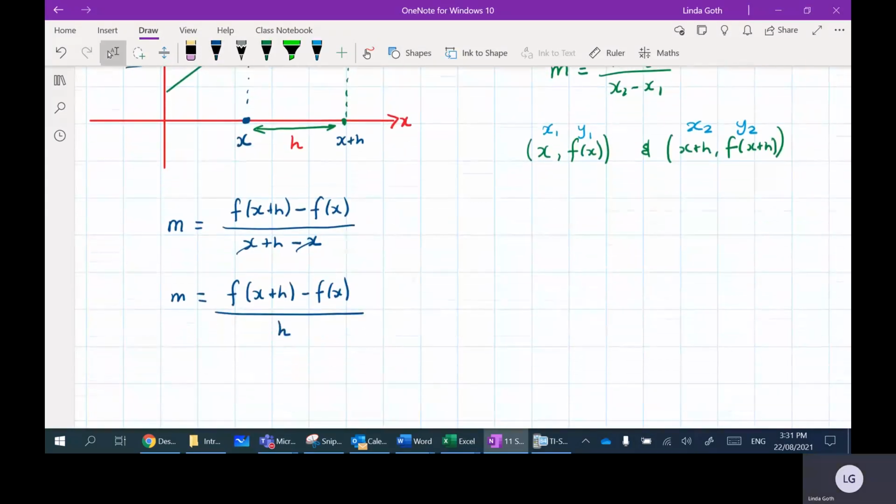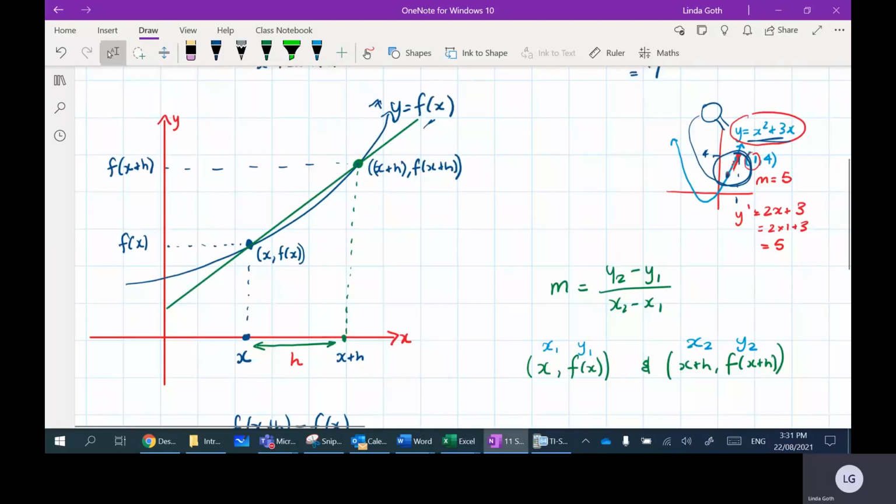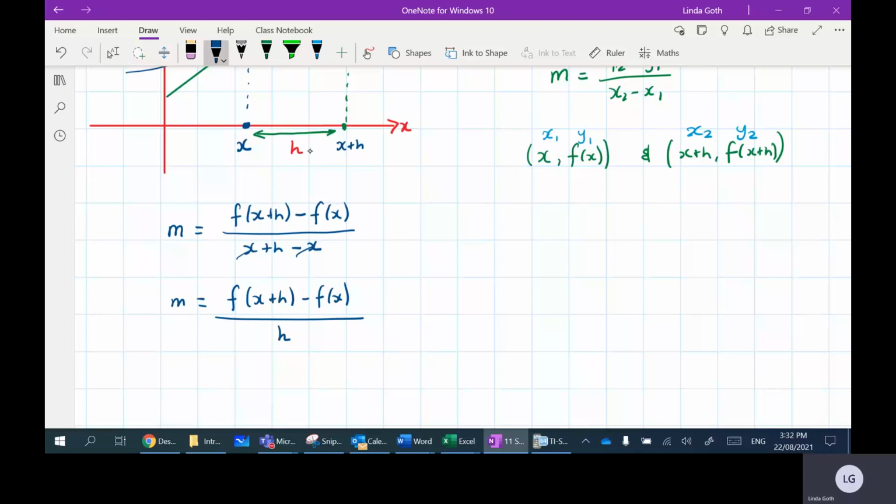How does that help me? Well, what we have to think of now, because you'll remember that when we did this earlier, we kept taking values of x that were closer and closer and closer to where x is equal to 1. So what we're doing is we are shortening this gap here. We are making h smaller and smaller values.